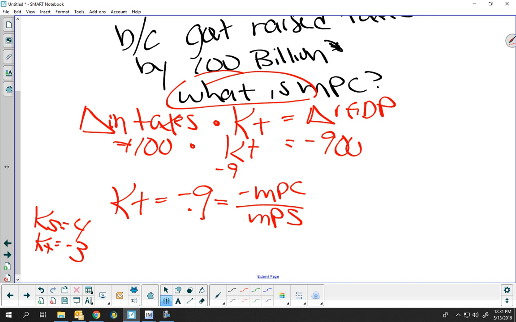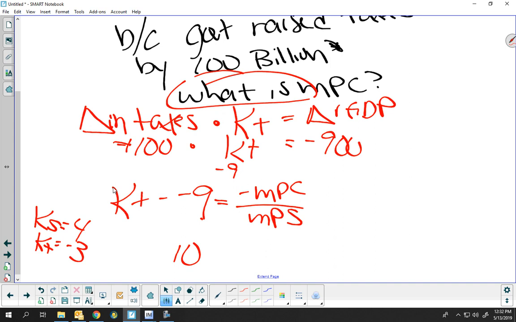I don't understand this. I guess you can do what McKay did: 1 minus MPC, and then once again solve for MPC. I just think that's way too many MPCs. But whatever, it's fine. But I know that if this is the spending multiplier, then this is the... Yeah, and realize that it's multiple choice and plug some answers in.